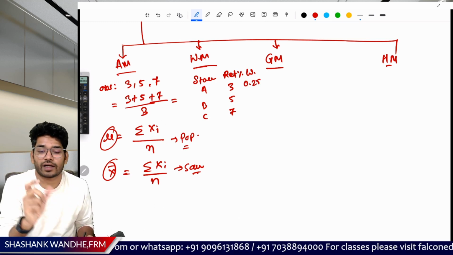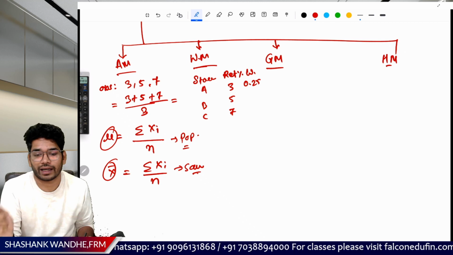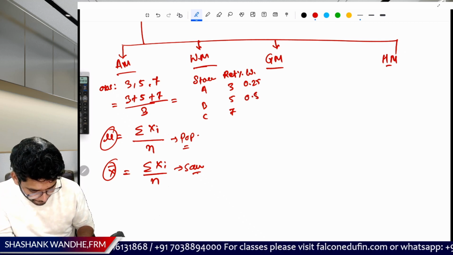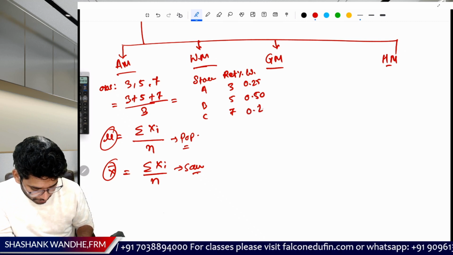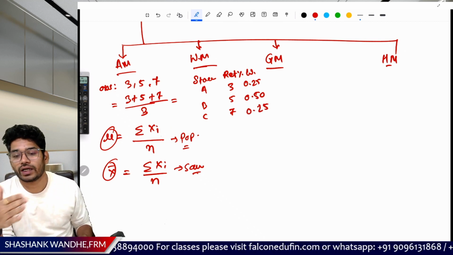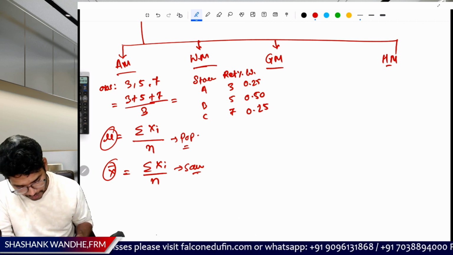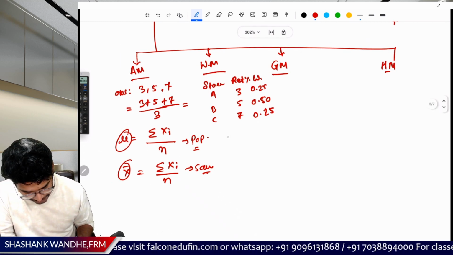Out of $100 invested, $25 are invested in stock A, $50 in stock B, and again $25 in stock C. So here to calculate the mean, we will use the weighting scheme.